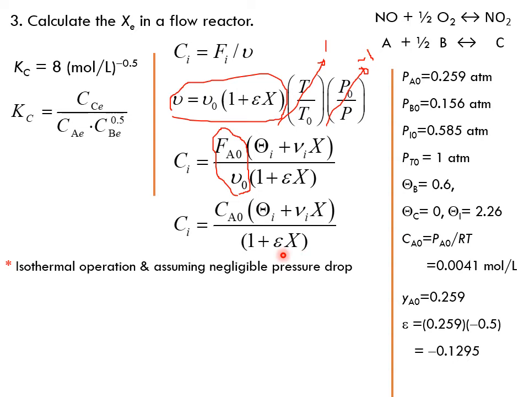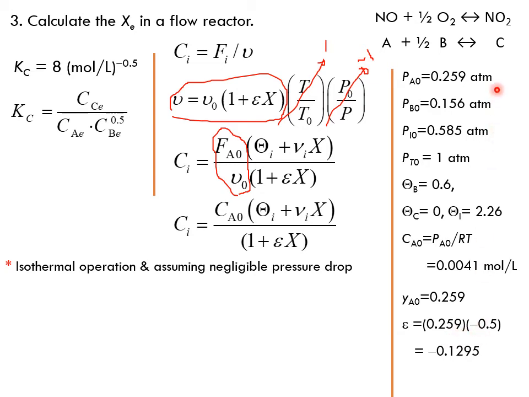And we said epsilon equals delta times Ya naught. So we need to find Ya naught. Of course, Ya naught equals Pa naught divided by Pt naught, which we found on the previous slides. And here we go. Then epsilon equals Ya naught times delta.